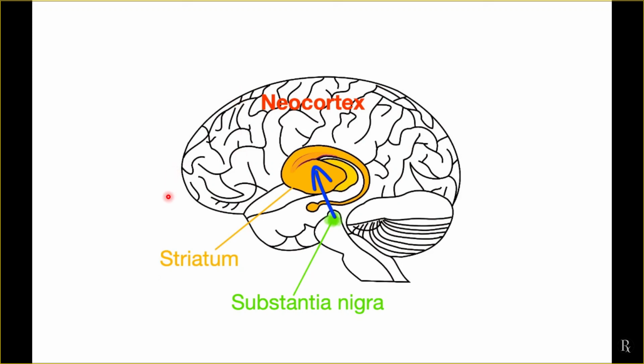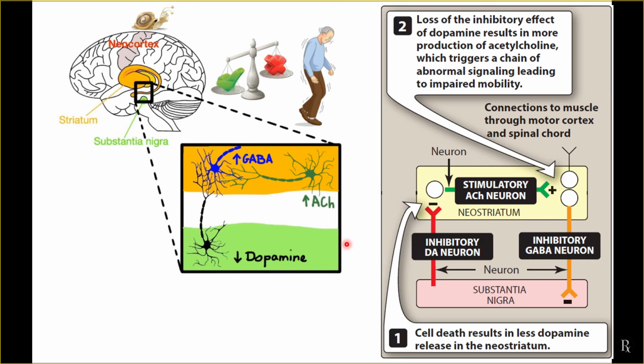The most important parts of the brain that are involved in the development of Parkinson disease are the striatum and substantia nigra. These parts of the brain should interact with each other by inhibiting each other.